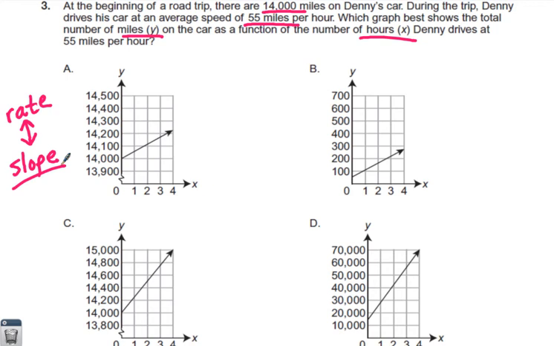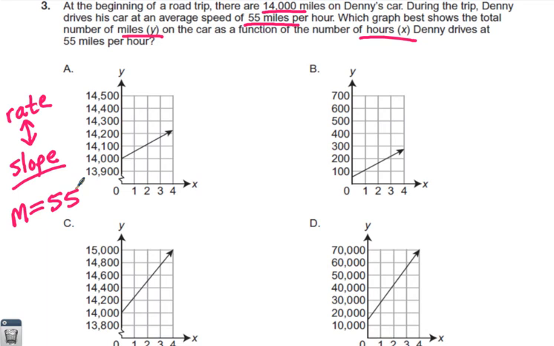And so basically this 55 miles per hour, which is the speed, this rate, is going to be represented in the correct graph by having a slope of 55. So essentially, I don't know if that's going to be the deciding factor in picking the correct choice, but that is true, okay, and it's something you should know in general.